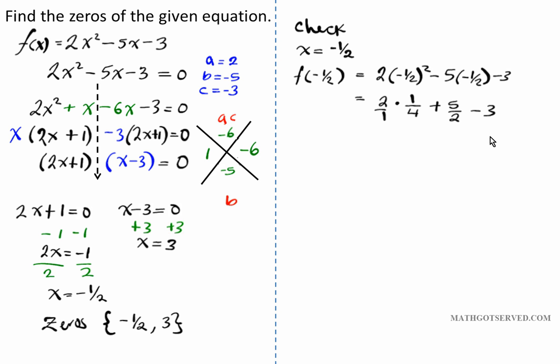Now, how do we solve this resulting expression with the fractions? Let's go ahead and simplify it first. 2 over 1 times 1 over 4 is 2 over 4, plus 5 over 2 minus 3. Let's express 3 as a fraction. That makes it easy for us to find the LCD. In order to combine these fractions, we need to ensure that all your denominators are the same.